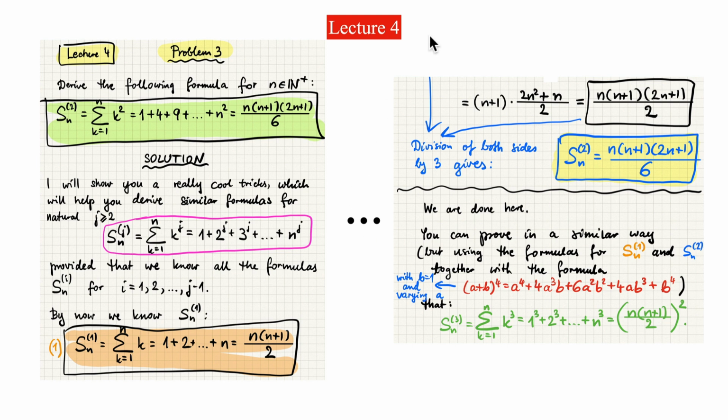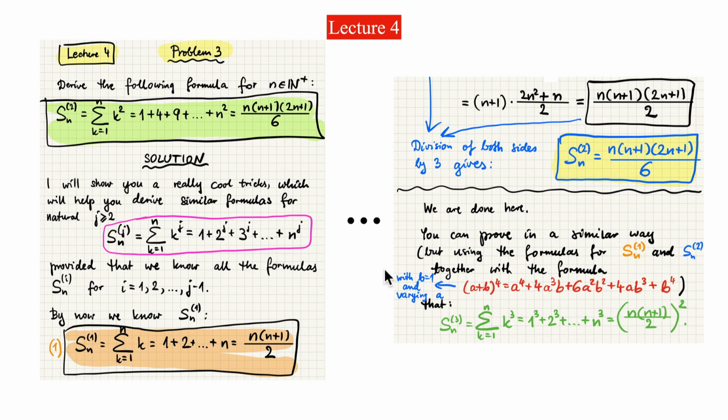The next lecture, lecture number 4, is just a PDF which you can read, and it's actually a very, very interesting lecture, so I would really encourage you to have a look at this document. There I have derived the formula for the sum of squares of n first natural numbers.